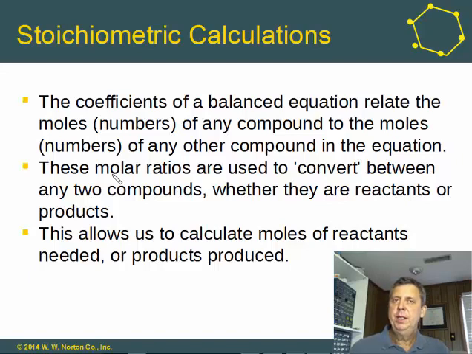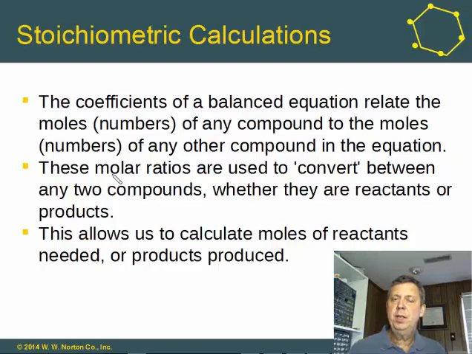And when they relate numbers, moles are just measures of numbers, so we also relate moles to moles by the same ratios. These ratios are used to effectively convert between any two compounds or elements, or pure elements, I should state, in a given reaction. It doesn't matter if they are reactants or products, we can relate anything that has a coefficient in front of it.